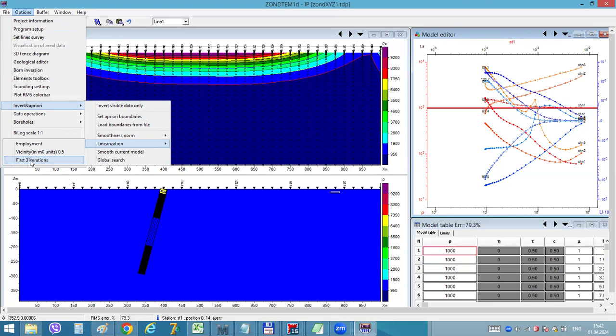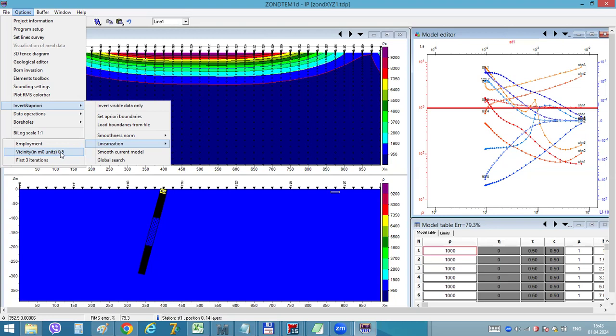For example, here is selected for the first three iterations a vicinity of the solution, which means that our derivatives will be blurred around the vicinity of the current model in a radius of, for example, here 0.5.